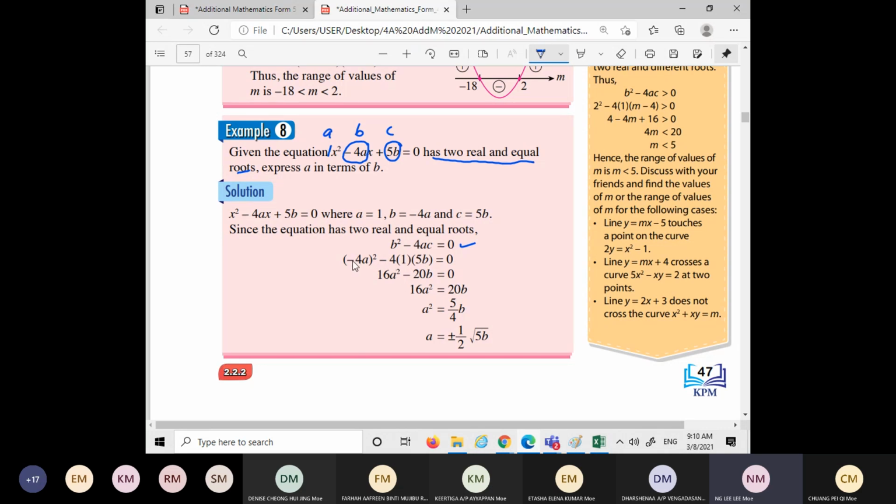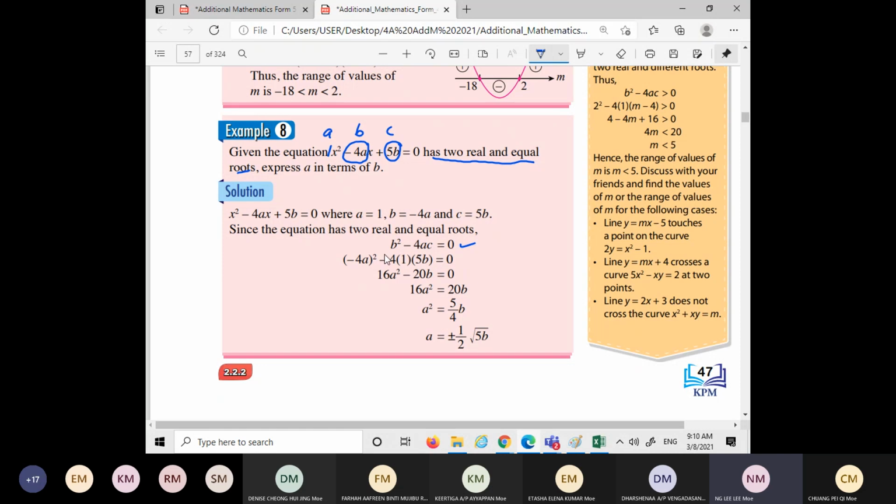Then you substitute. Negative 4a times negative 4a, you get positive 16a squared. This one you get 20b. After that, move the negative 20b to the right hand side, become positive 20b.